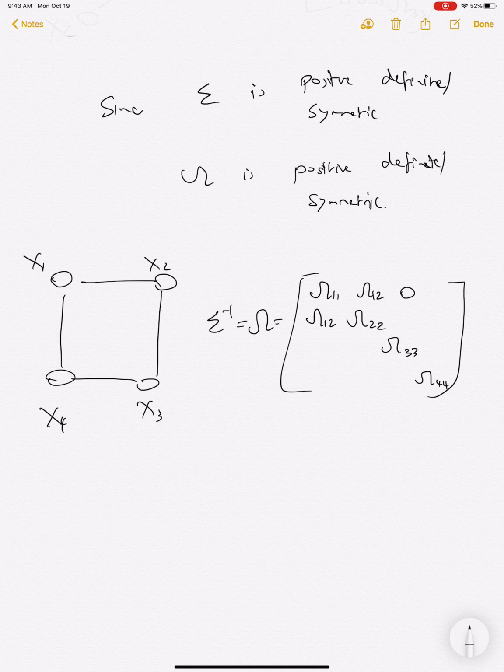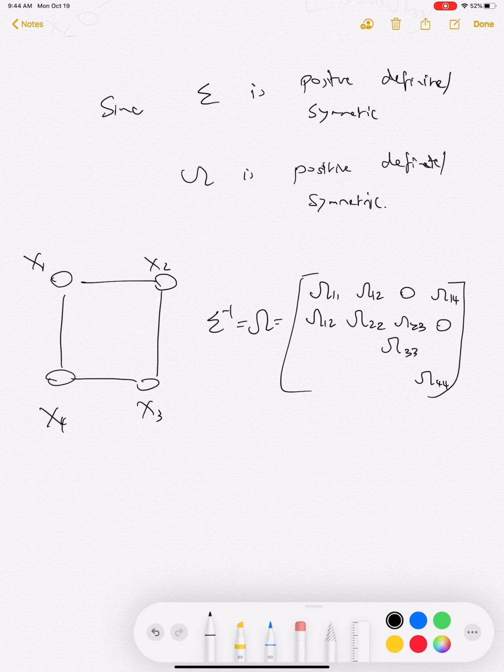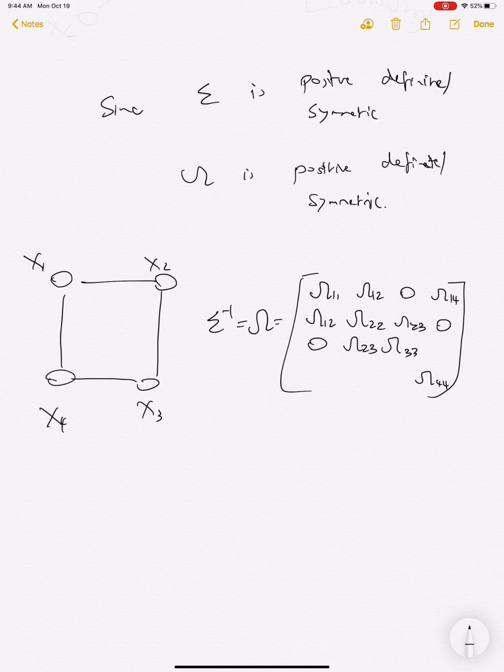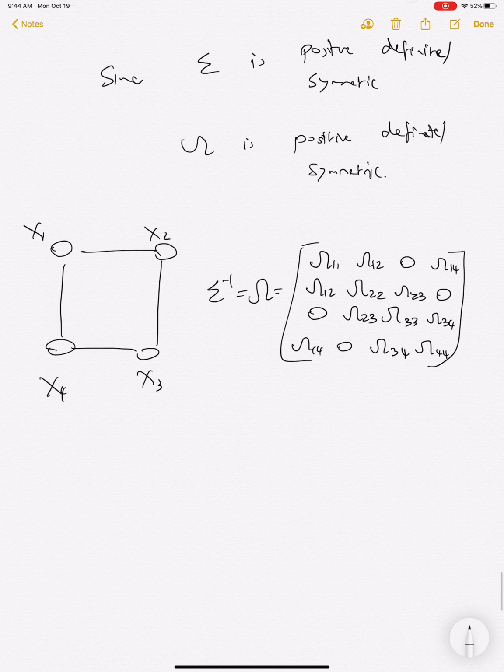There's no edge from x1 to x3, so that's 0, and then we have an edge from x1 to x4. And then because of the symmetry, we're going to have no edge here, and is that correct? Maybe not. Let me just check. In fact, there's going to be a 0 here. Okay, so this is how the inverse covariance matrix encodes the graph structure.